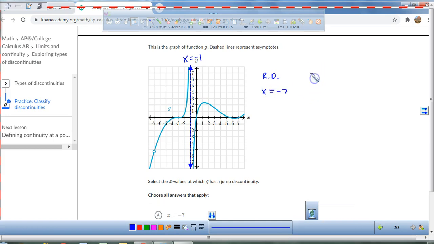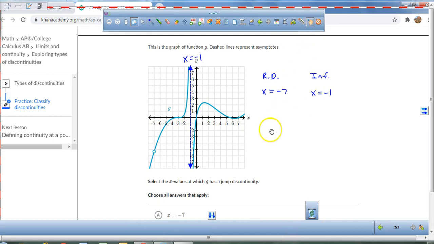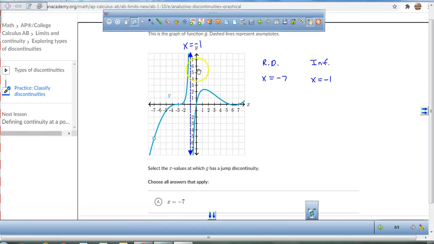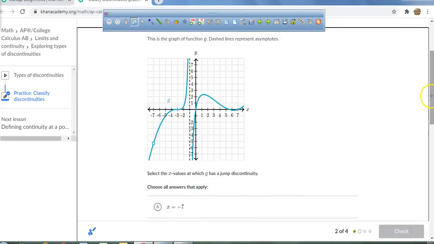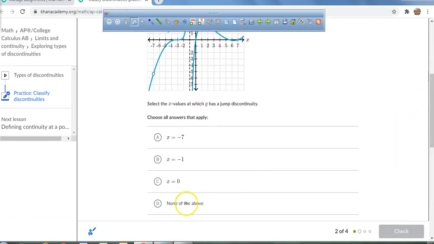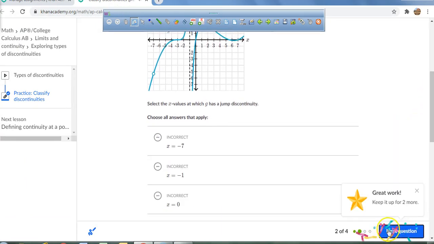We've got some infinite, so put I and F, infinite, at x equals -1. But I don't see any jump discontinuity at all. So we'll look for none of the above.